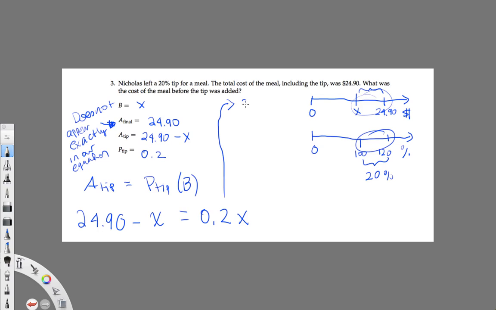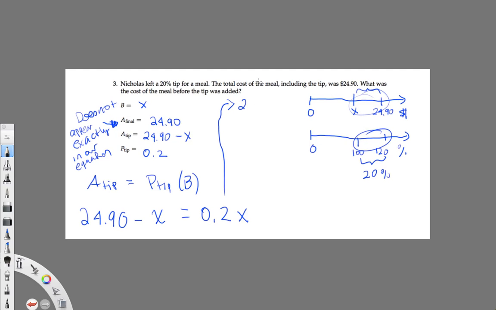I'm going to add X to both sides. 24.90, 1 plus 0.2 is 1.2x. So 24.90 divided by 1.2 equals x.